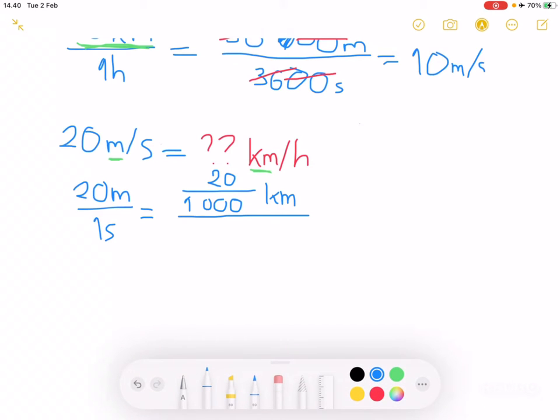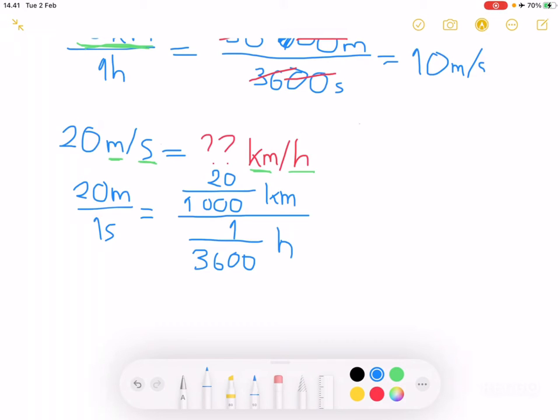Then look at the seconds and the hours. Ask yourself, how many hours is 1 second? Well, that's just 1 over 360, since we know 1 hour is 360 seconds, then 1 second is just the reciprocal of that. There we go.